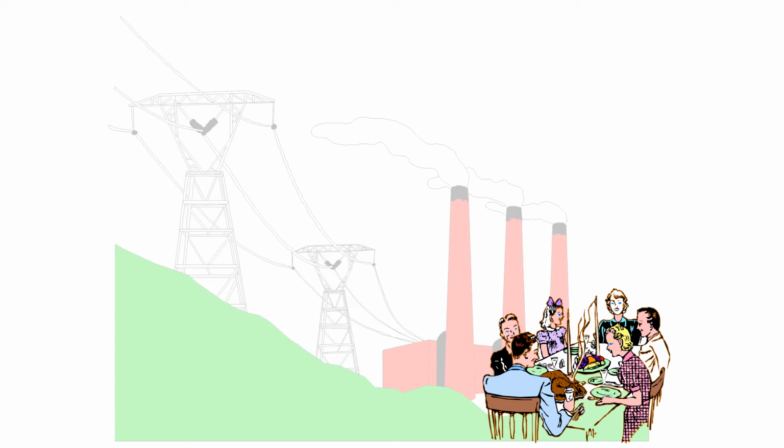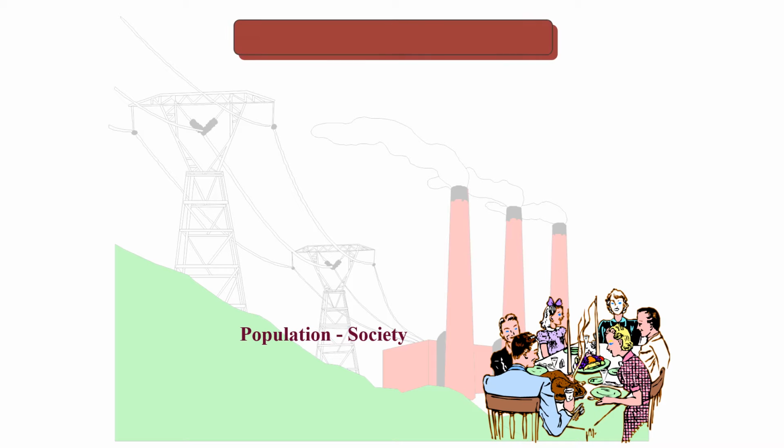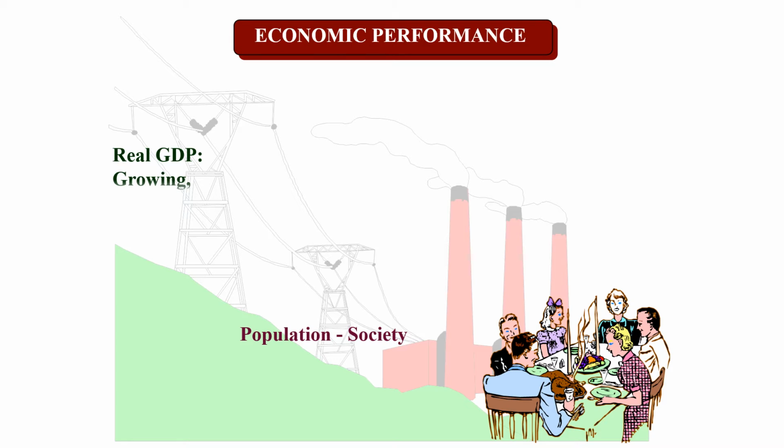Okay, here is what many people want: a family, jobs, a good salary, and progress. And all these together is what should be called the pursuit of happiness. With this in mind, we are going to explain the economic performance considering that the real GDP should be growing and with low volatility.